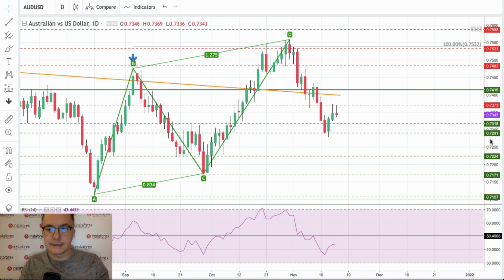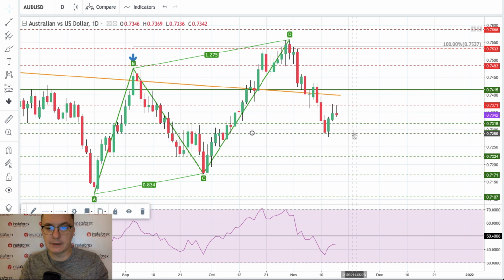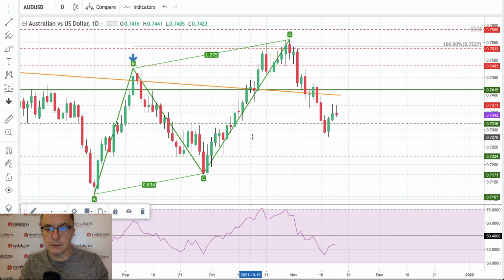Decline towards 0.7291, bounce towards the technical resistance 0.7371, and then we got big upper shadow here, big upper shadow here, what means that this is of course the bearish pressure increasing from this level, and now we might wait for the market participants to test the level of 0.7318 and 0.7291.